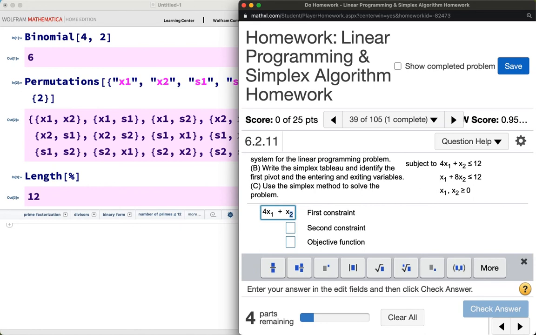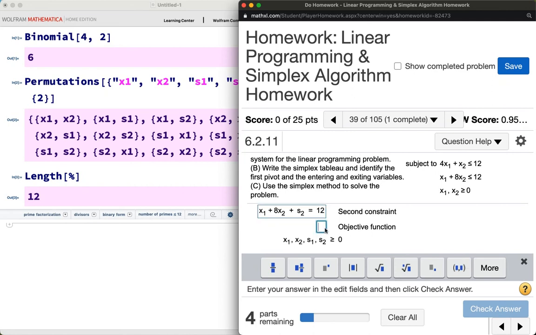So 4x1 plus x2 plus slack variable 1 is equal to 12. The second constraint will be x1 plus 8x2 plus the second slack variable is equal to 12.